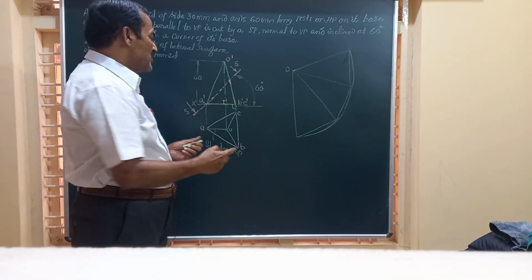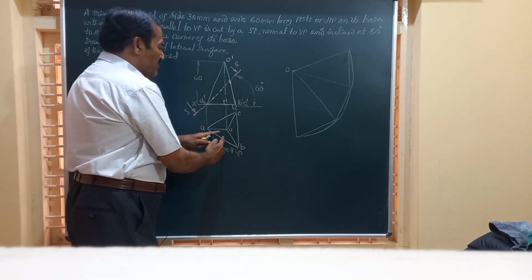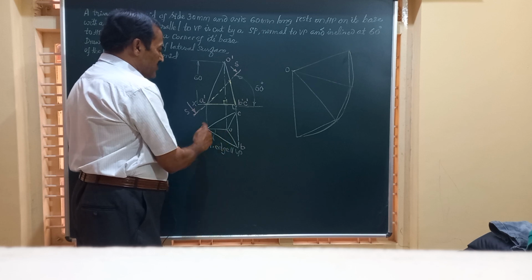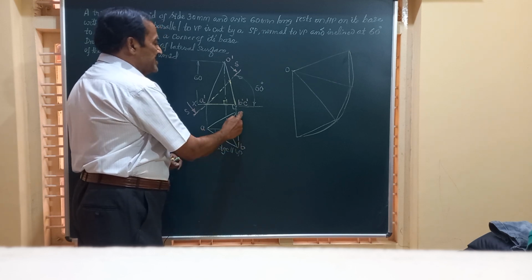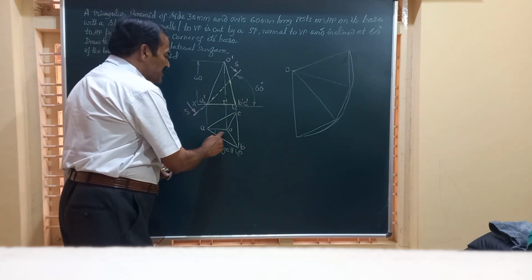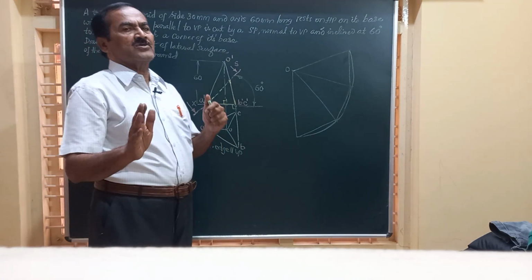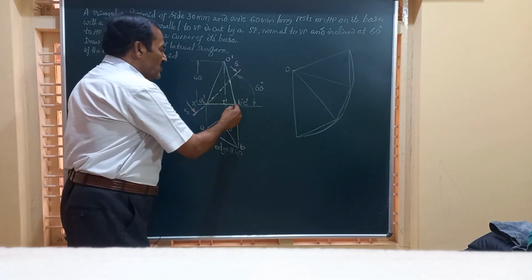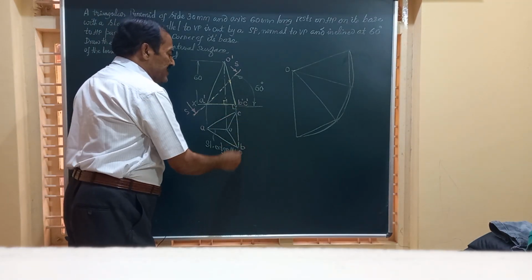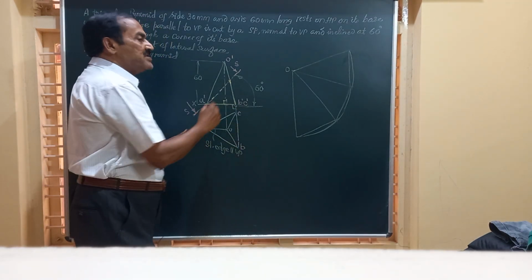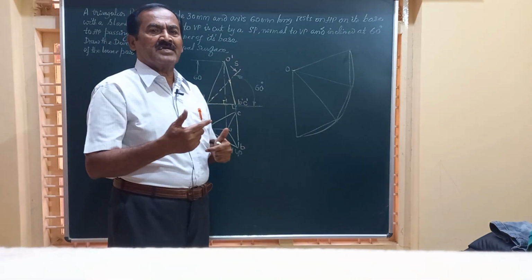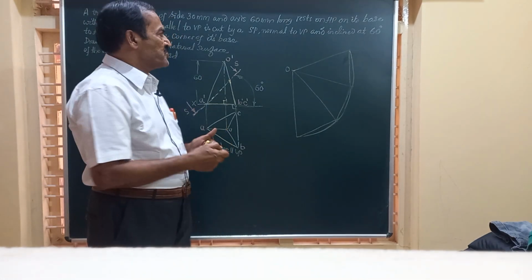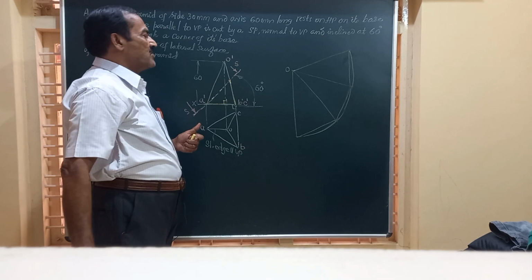In the top view, it is seen as a triangle with the vertex O joined to A, B and C. And this slant edge OA is now parallel to VP. Or the same problem can be stated that one of the base edges is perpendicular to VP. Here BC is the base edge which is normal to VP. So it's a typical problem.